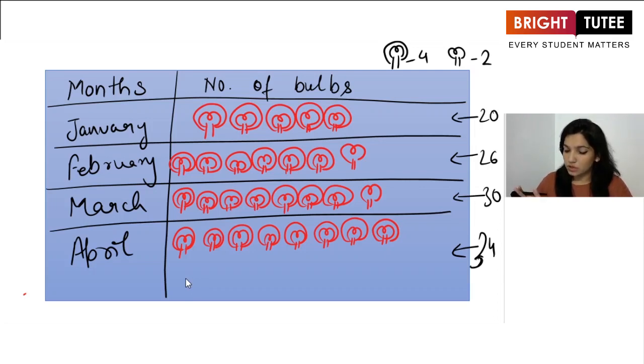That's bigger. So we need 2 more. So we'll draw a half image that represents 2. Clear? So how we have drawn all these bulbs: this full complete symbol represents 4 and half of that symbol without the filament part represents 2.